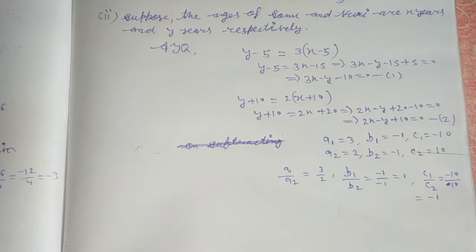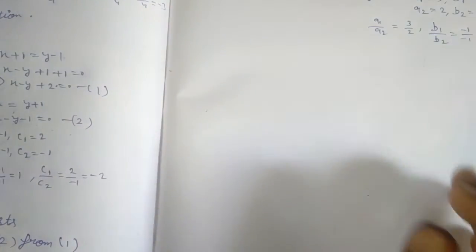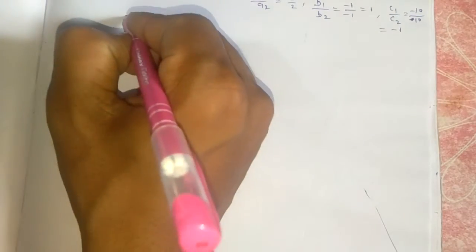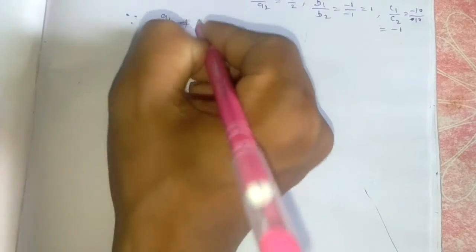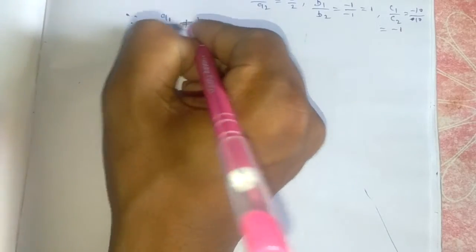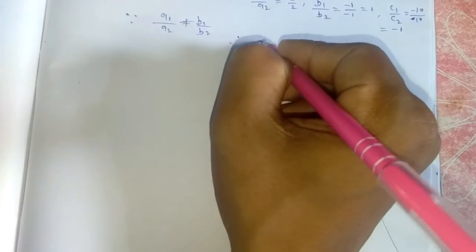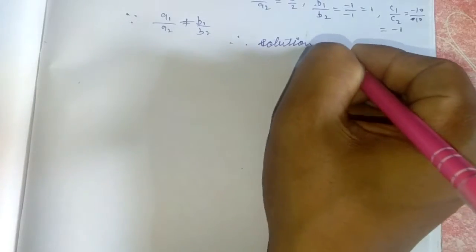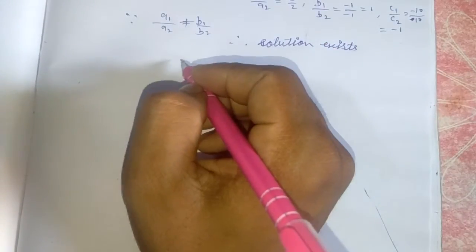So here we can observe that since a1 upon a2 does not equal b1 upon b2, therefore the solution exists.